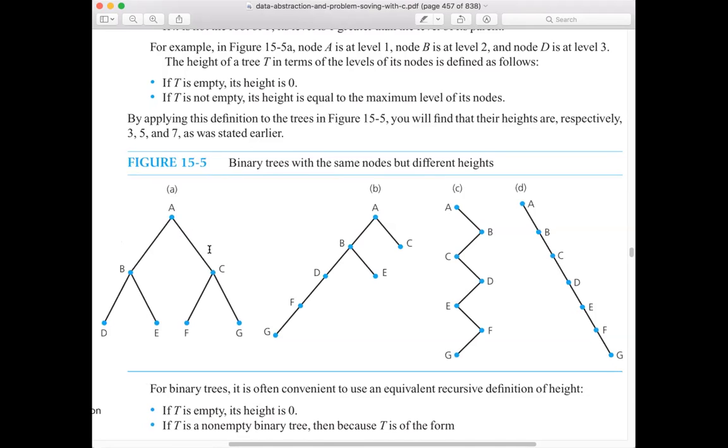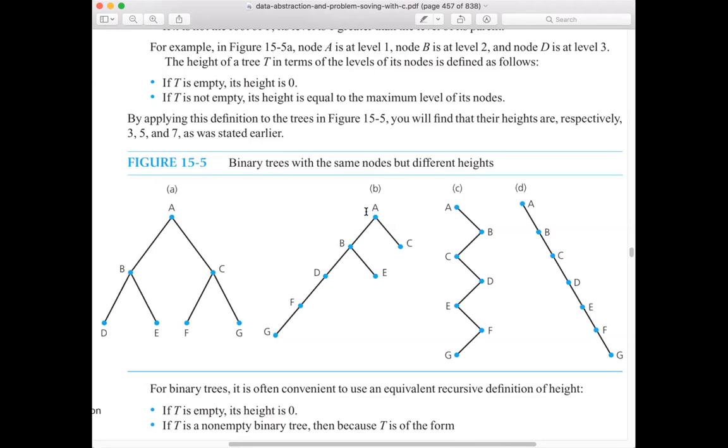So the height of this tree is 3. You can imagine that that's a little bit arbitrary. Computer scientists could have decided to define the height to be the number of edges on the path between a leaf and a root, but we're going with nodes.